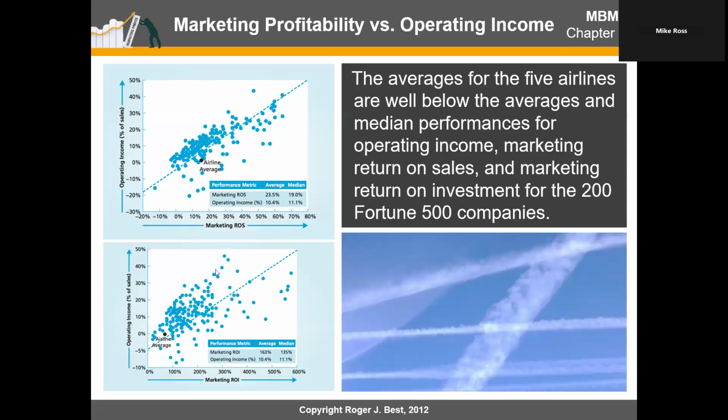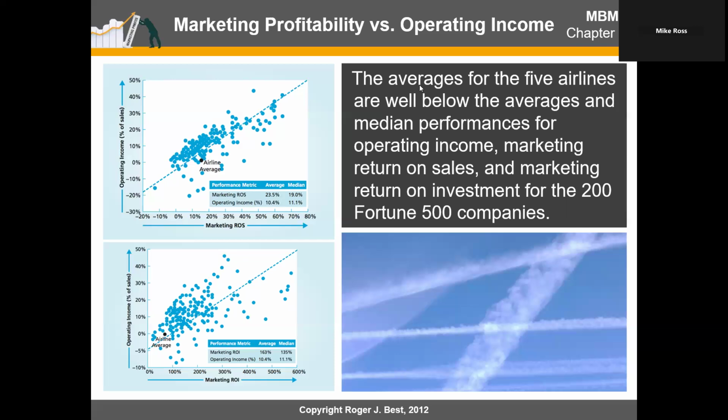I don't know who these airlines are here, but if I were this airline up here, I'd be feeling really good. Anywhere up here above the line, especially if I'm above the line in return on sales and return on investment, that's a really good thing, right?